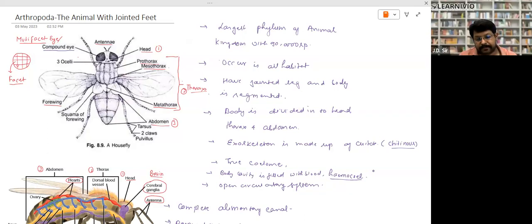Next point. The digestive tract is complete.